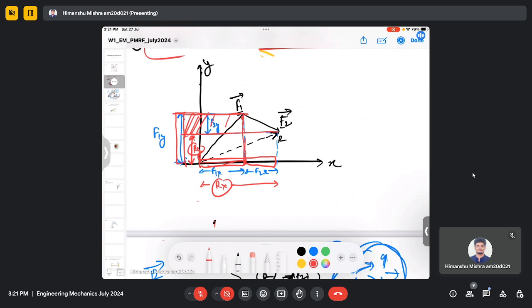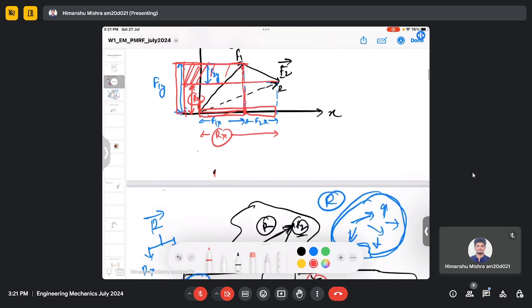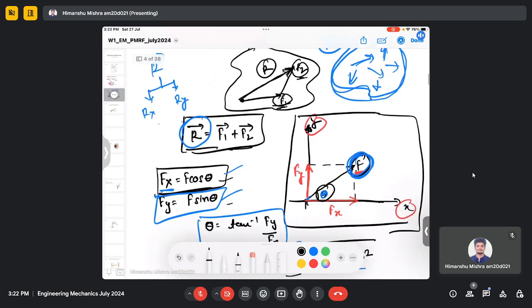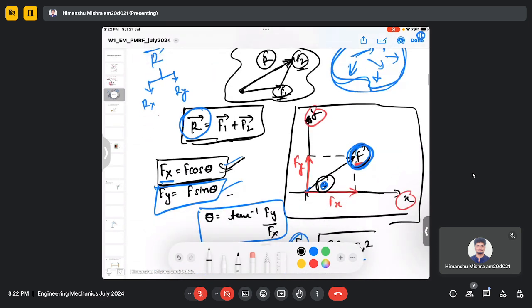In order to find the resultant force, we will use the expression that we have looked at. The resultant force will be given as F1 plus F2, right? Now we have discussed earlier that we can write the components of each force along the coordinate axes.